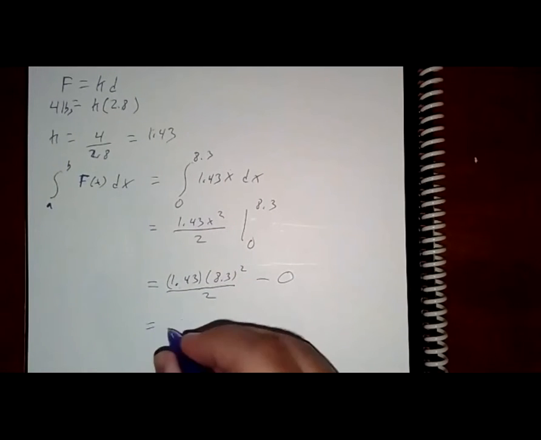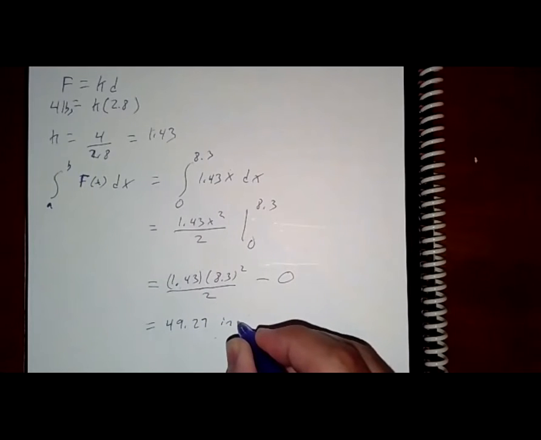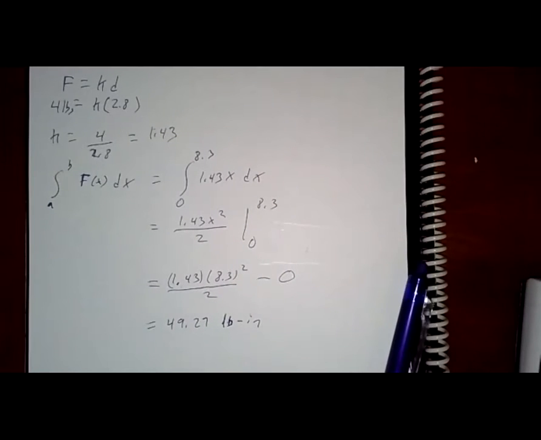So yeah, it's going to be 49.25 pound inches. There we go. Sorry, took me a second. Just forgot for a moment. Yeah, so that's part A, the answer, 49 pound inches.